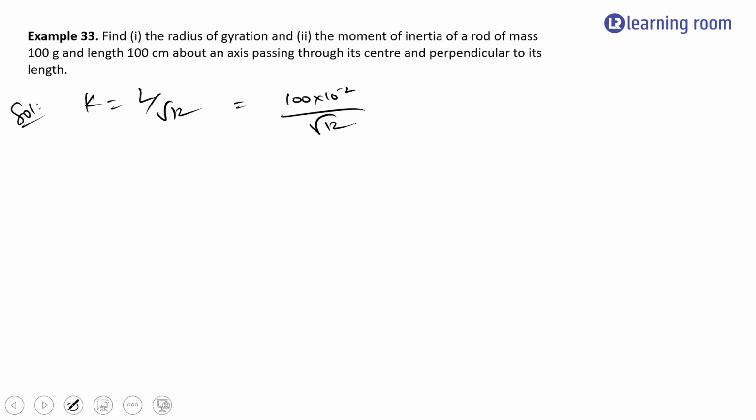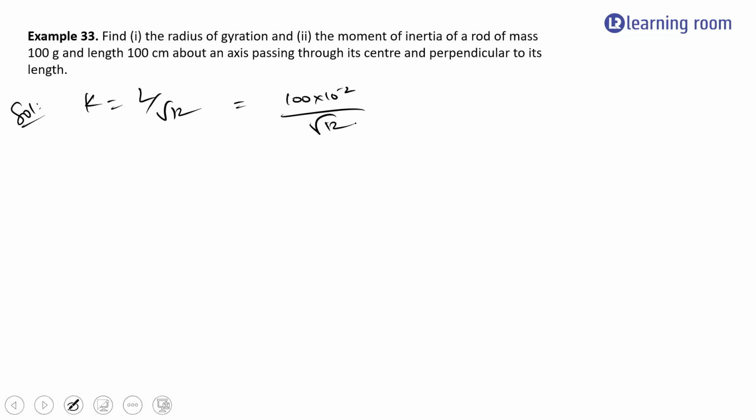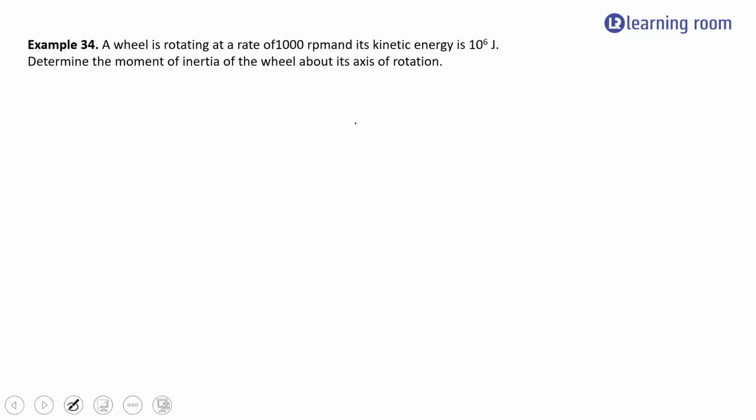Done. So what is the value of moment of inertia you got when you calculate it? Okay, the calculation you do later.